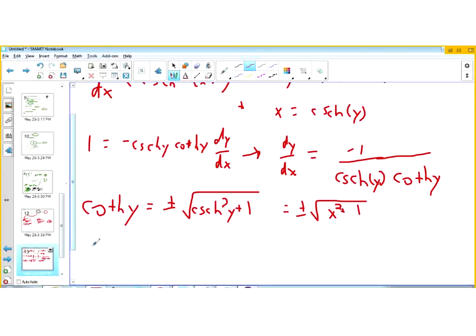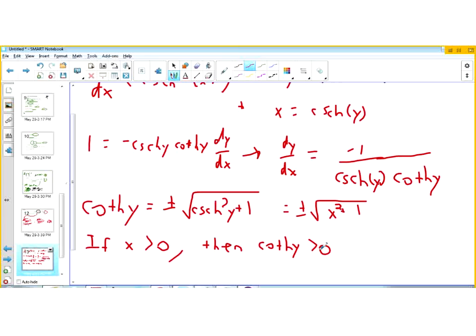All right, so if x is greater than 0, then the hyperbolic cotangent of y is greater than 0.